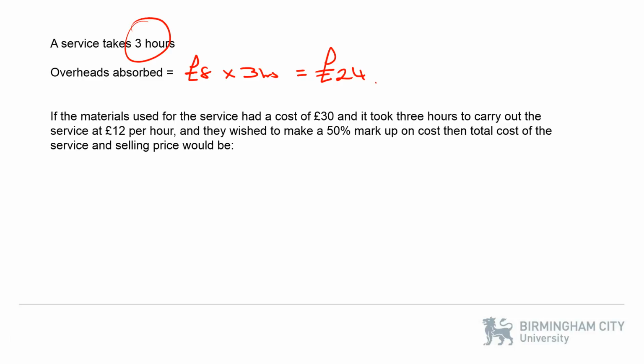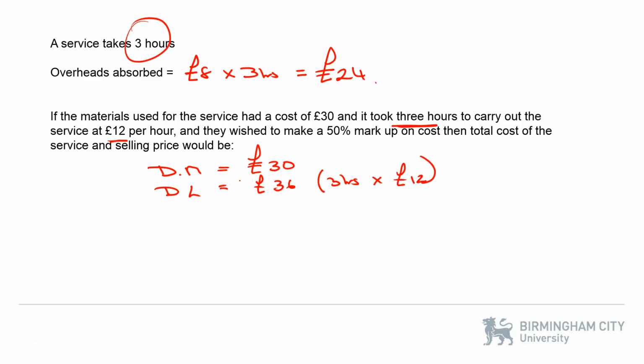So let's look at how we can use that to arrive at a cost for a job. So we're given the material cost, so direct material is £30. Direct labour, it took 3 hours and the labour is £12 an hour, so that's £36. 3 hours times £12.